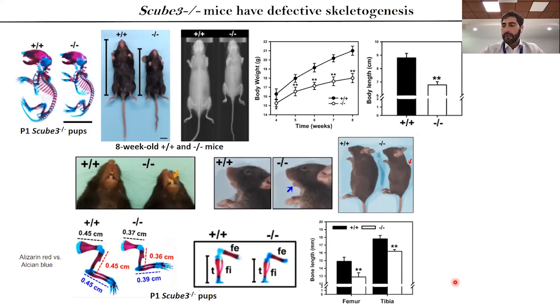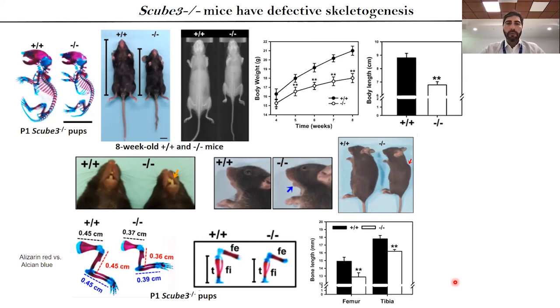In addition, they showed clinical features such as facial features, dental abnormalities, and vertebral defects, very similar to those we observe in our patients. Histochemical analysis also demonstrated a reduction in length of all long bones we tested. So this model overall recapitulated the human disorder.